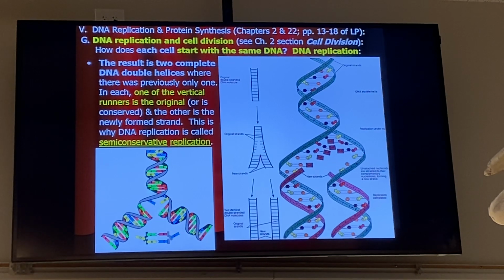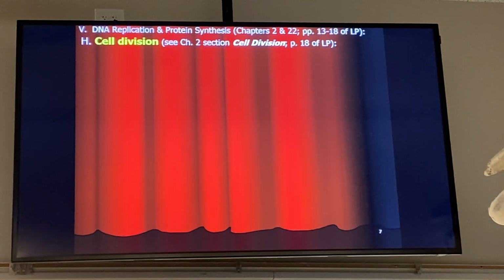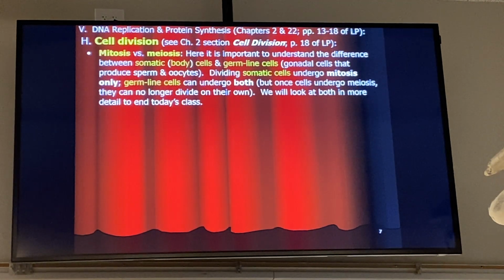Any questions on semi-conservative replication? All right. Now, when does the semi-conservative replication happen? Well, we have to look at the overall concept of cell division. And here again is the concept of germline versus somatic cells up there on top.